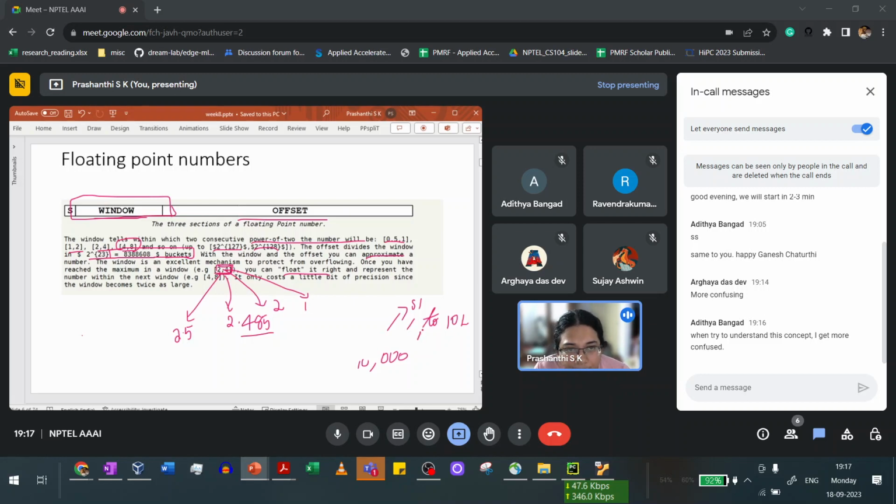But if I tell you that the precision of this is just 0.1, now you might wonder what is the difference between 10,000 and 10,000.1. Depending on your application, this 0.1 might make a lot of difference, right? For instance, HPC applications, high performance computing applications, scientific applications, all of those, the workload depends a lot on getting very high precision.